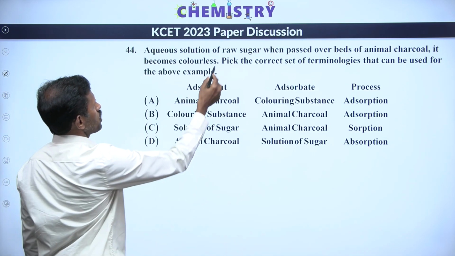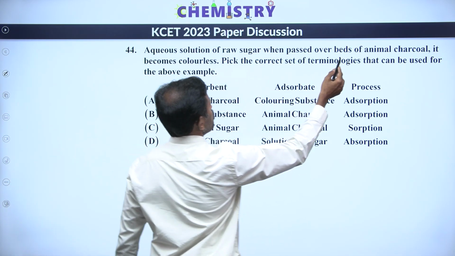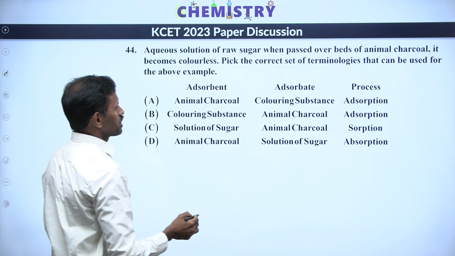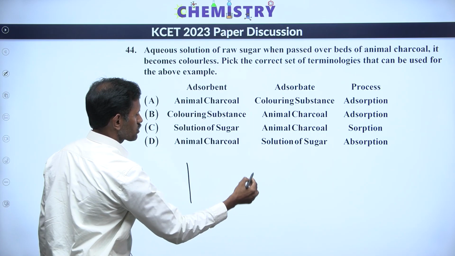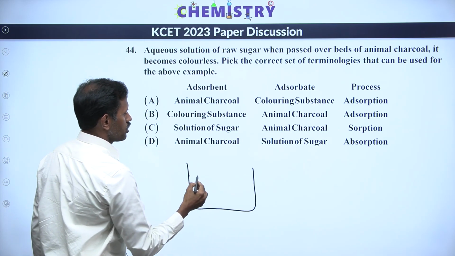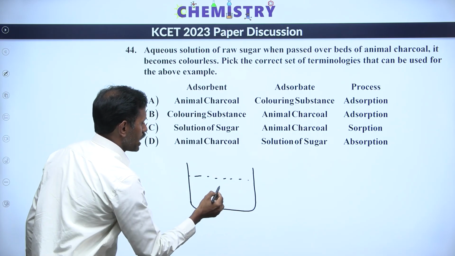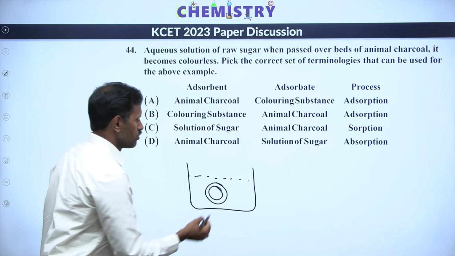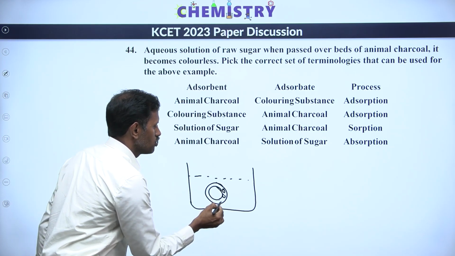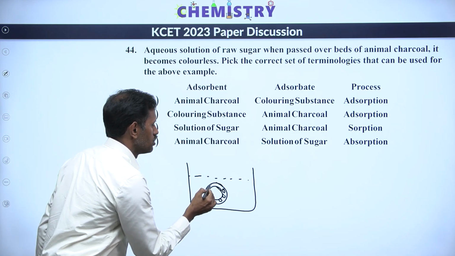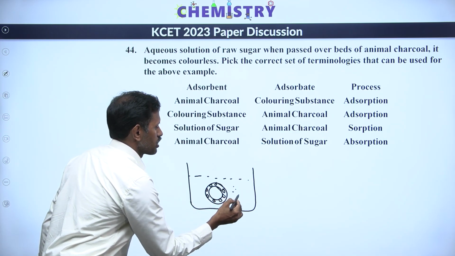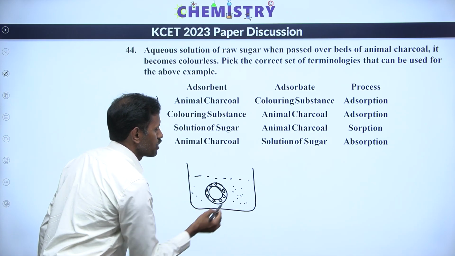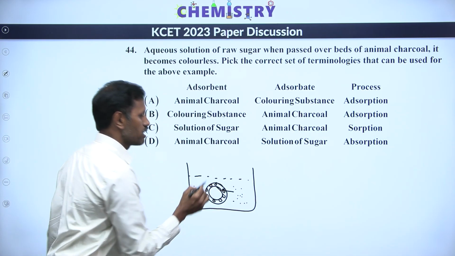Next, when an aqueous solution of raw sugar is passed over beds of animal charcoal, it becomes colorless. It becomes colorless because the color of the aqueous raw sugar is adsorbed by the animal charcoal, on the surface sites of the charcoal. The colored matter in the sugar solution is adsorbed by animal charcoal.